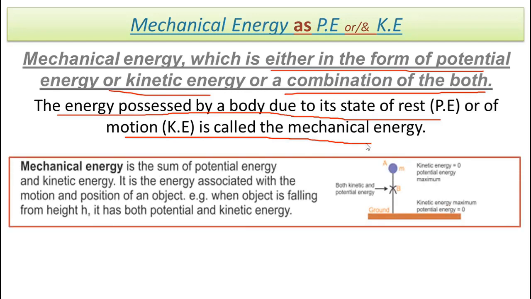Thus, it can also be said that the mechanical energy is the sum of potential energy and kinetic energy. It is the energy associated with the motion and position of an object. Thus, we need to understand the potential and kinetic energy also. So, let's see potential and kinetic energy once again with some numericals.